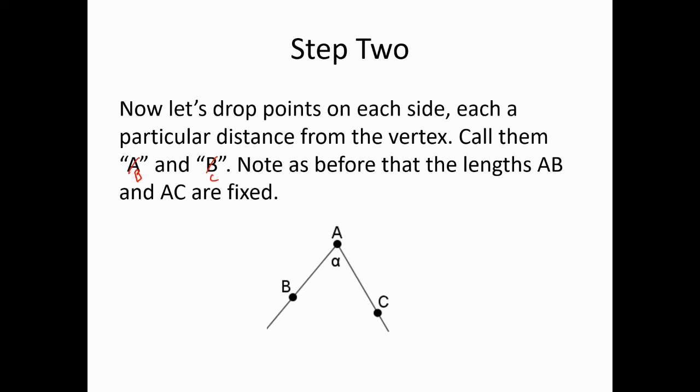So what then follows is that these lengths AB and AC are fixed, just as the angle measure itself is fixed. So again, on each of the sides, drop a point at a particular location. That must be emphasized. So one of those is B and the other is C. And then that means we end up with particular lengths, AB and AC.